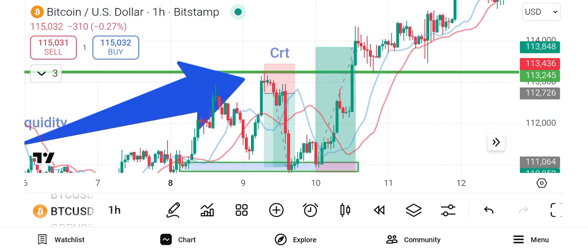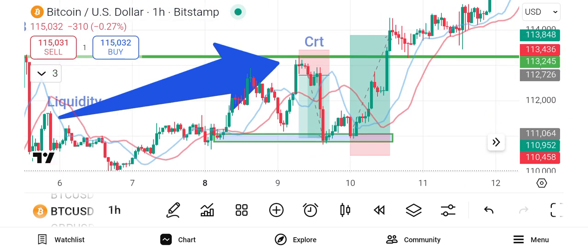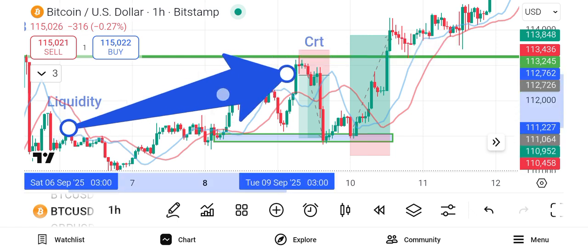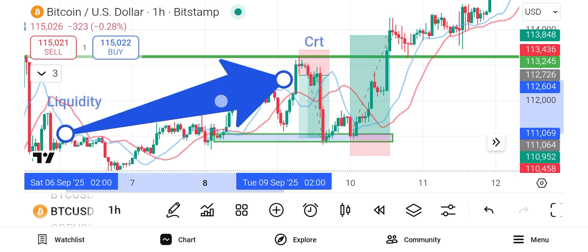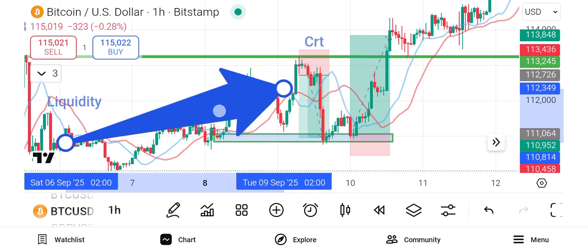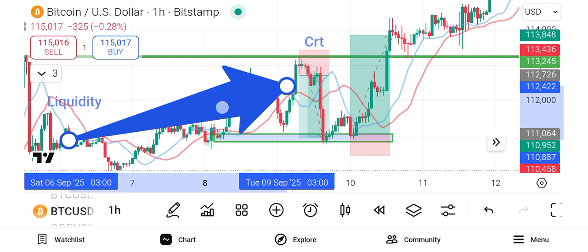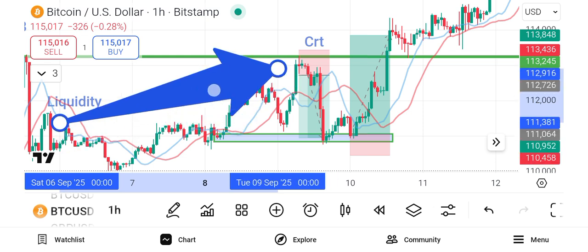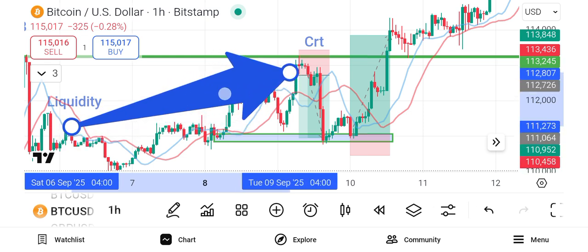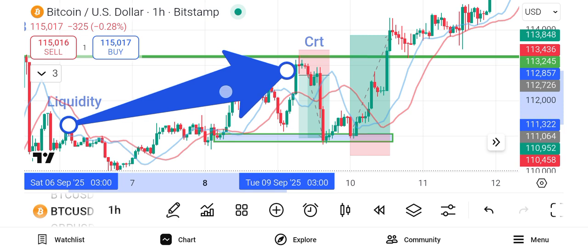The candle range theory is when you see a very big candle move up, like this very one I'm pointing at. This candle is called accumulation. At this stage, the market just does accumulation, pushes up, and you think that the market is buying, and it will do a manipulation.